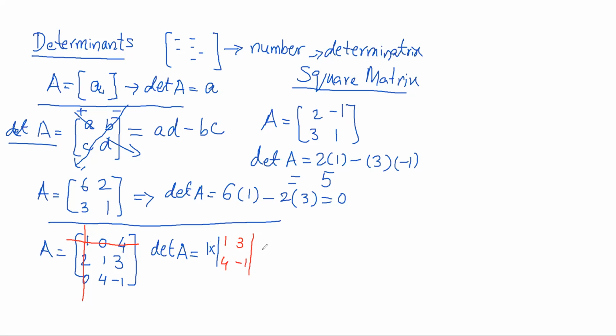Then the next step is we go alternately, plus, minus, and I take the next element, which is 0 in this case.